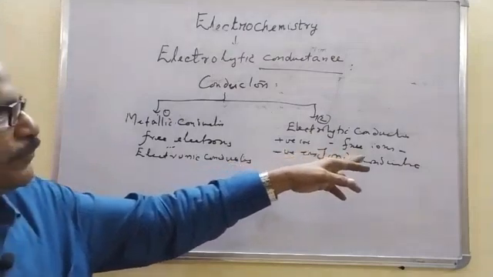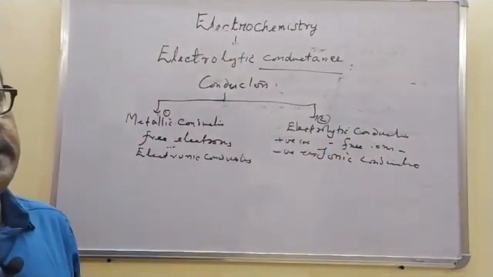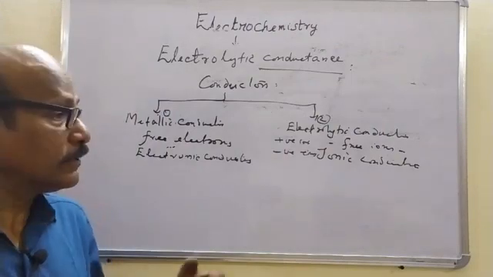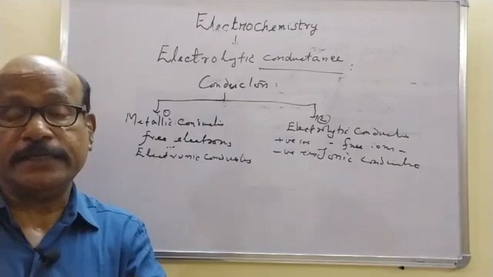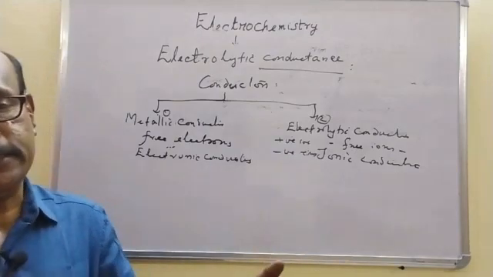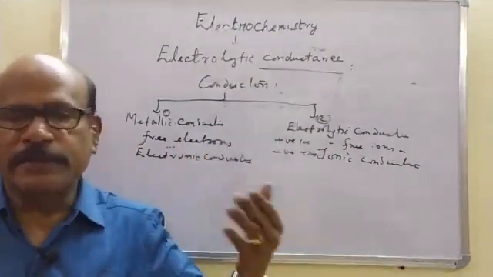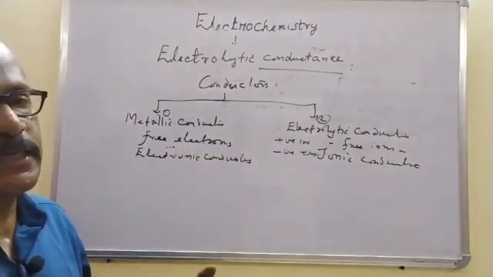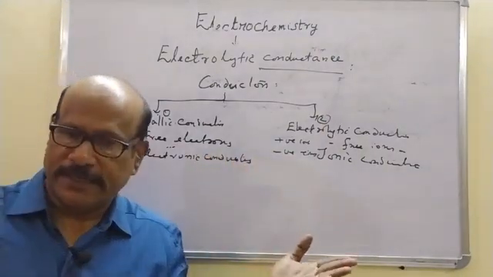While in the case of electrolytic conductors, those substances which allow the passage of electricity with chemical change are called electrolytic conductors, and that process is called electrolysis. The process by which a substance undergoes chemical change by the passage of electricity, that chemical decomposition, is usually termed electrolysis, and therefore such conductors are called electrolytic conductors.